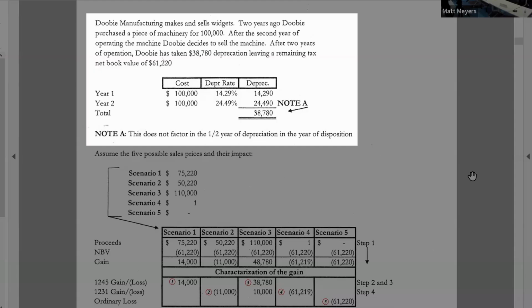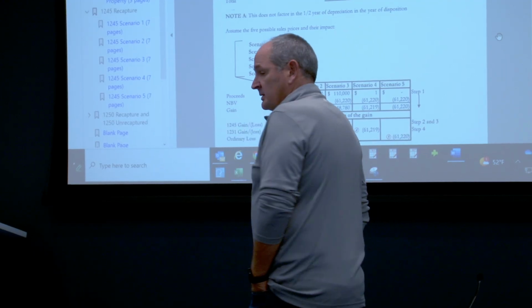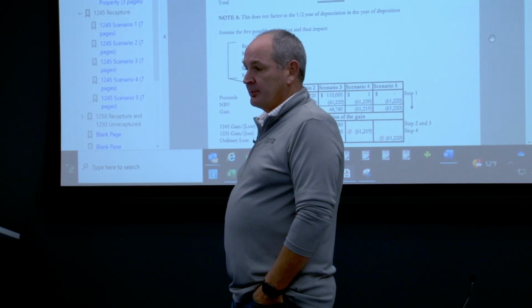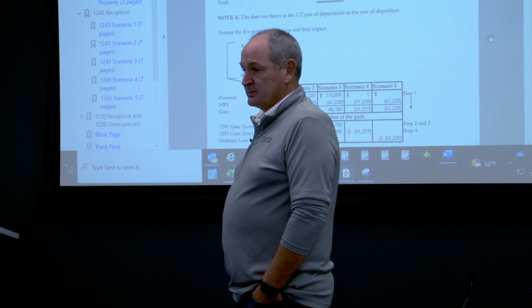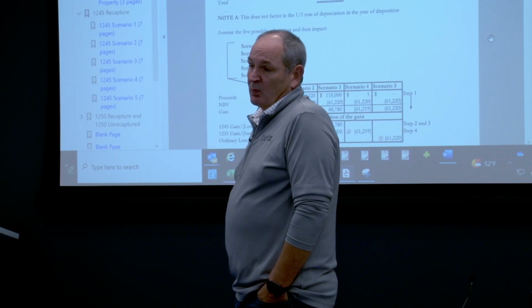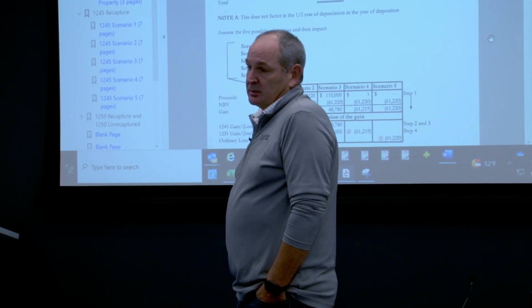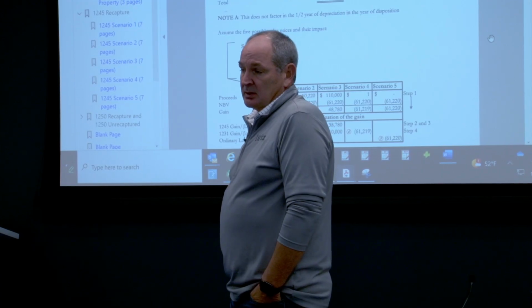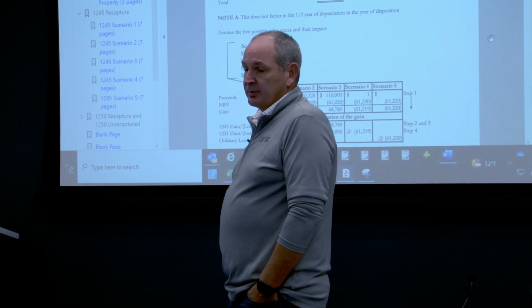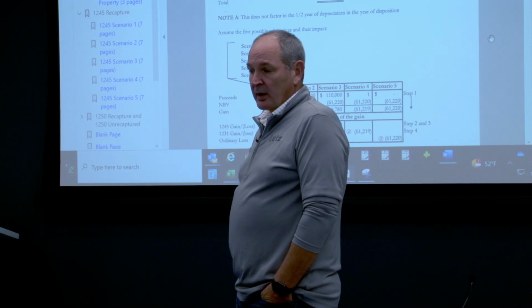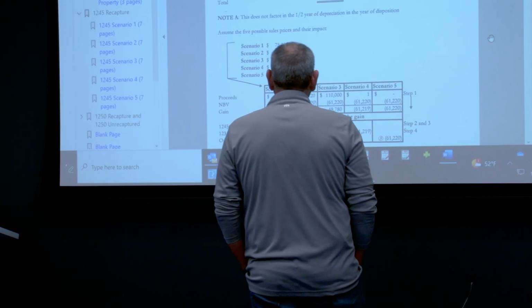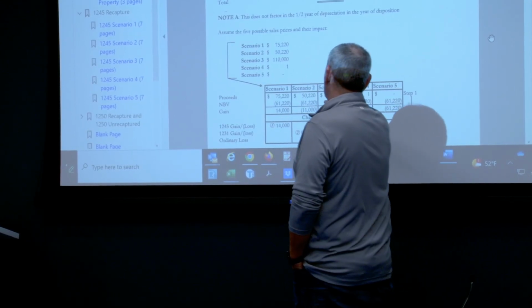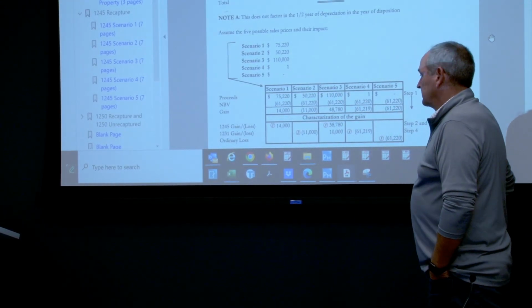So in order to demonstrate, one of the things I said earlier is the gain can show up in multiple places in the return. So this is intended to say, what's the procedure to understand what the gain is, and what is the thought process or procedure to understand where it gets reported in the return. So we have scenarios 1, 2, 3, 4, and 5. Okay?